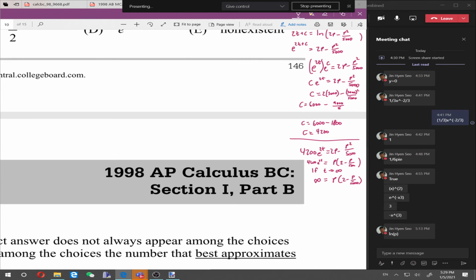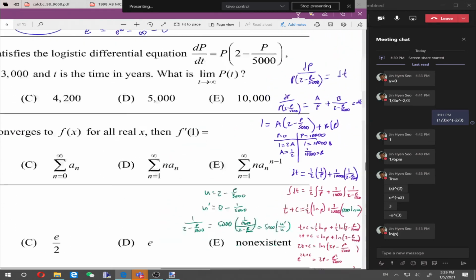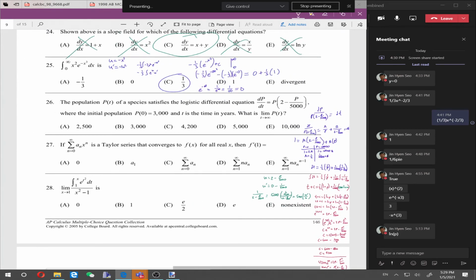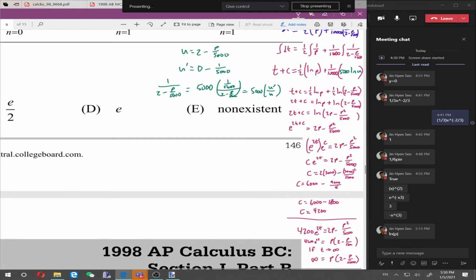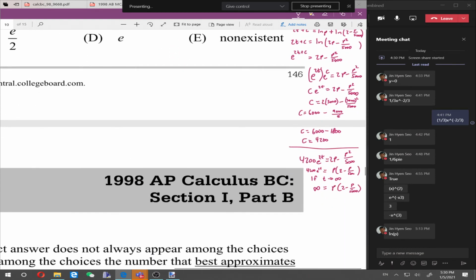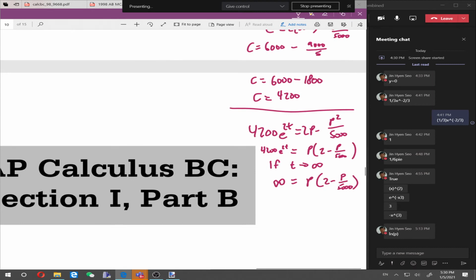I need to be double that. I don't actually see where I went wrong.